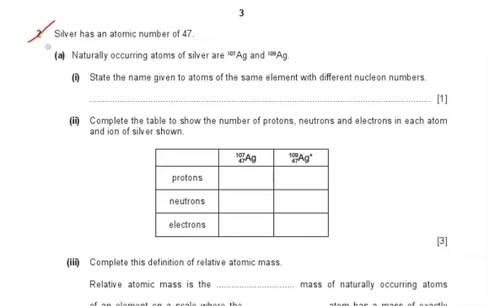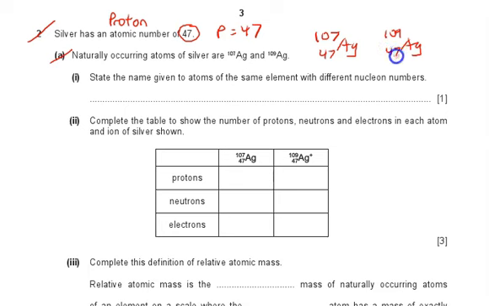Number 2. Silver has an atomic number of 47. Atomic number is another word for proton number, so the proton number here is 47. Naturally occurring atoms of silver: this one is 107 Ag, which is quite small, and here is 109 Ag, and their proton numbers are the same, 47 and 47.